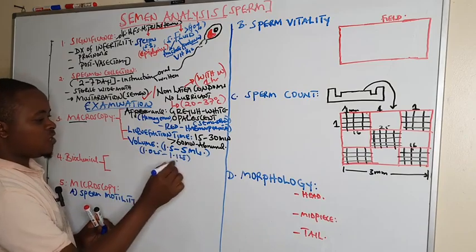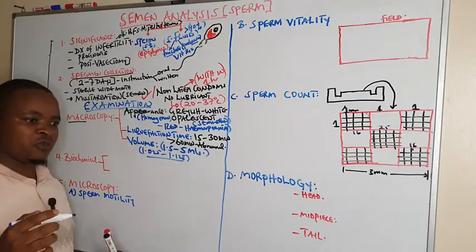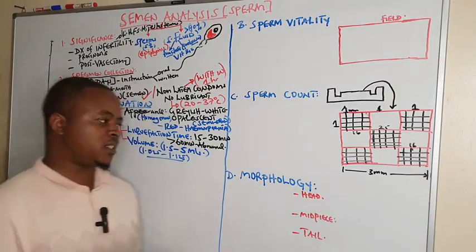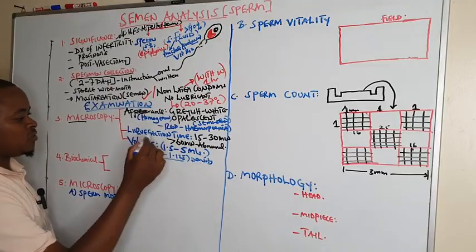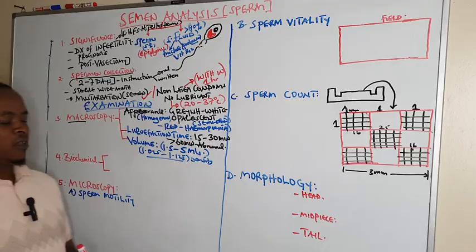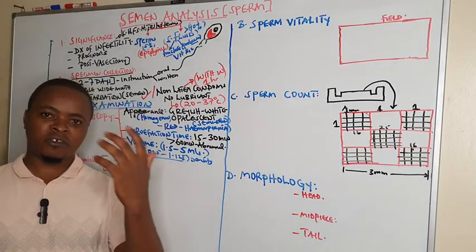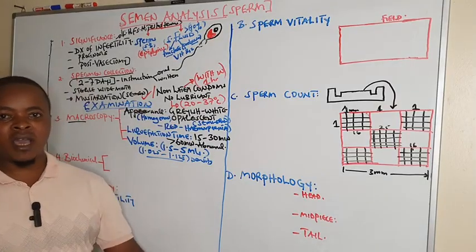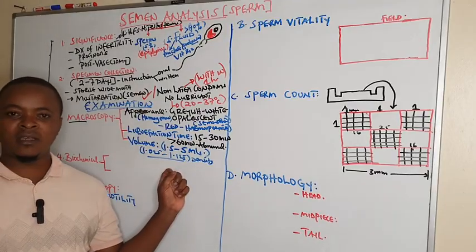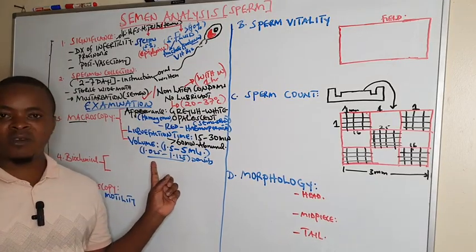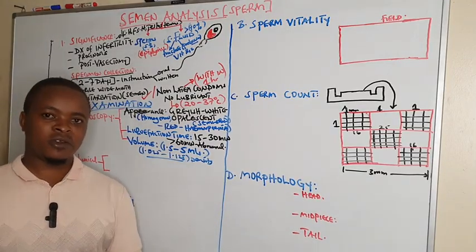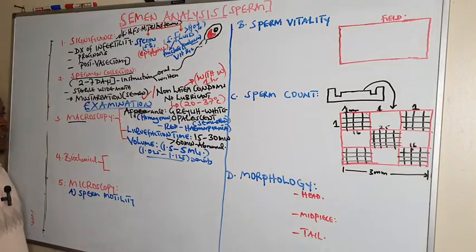So those are the two methods you can use to determine volume: measuring from calibrated tubes, or by measuring the weight of the empty container and the weight of the container with the semen, and you use the formula volume equals mass over density. And this is the reference range.